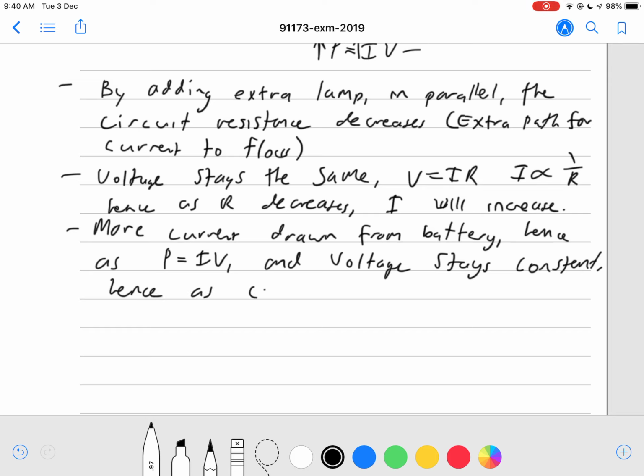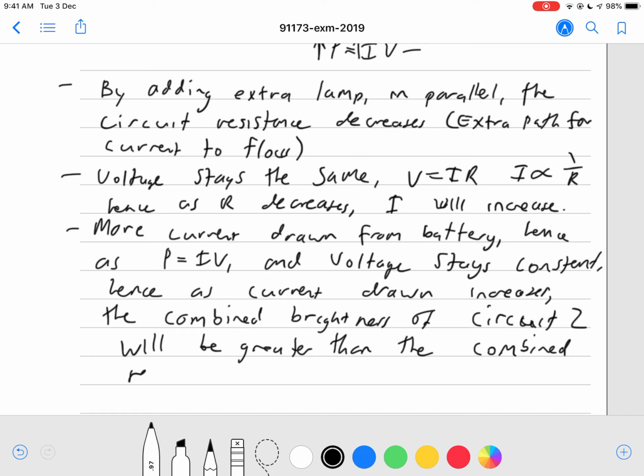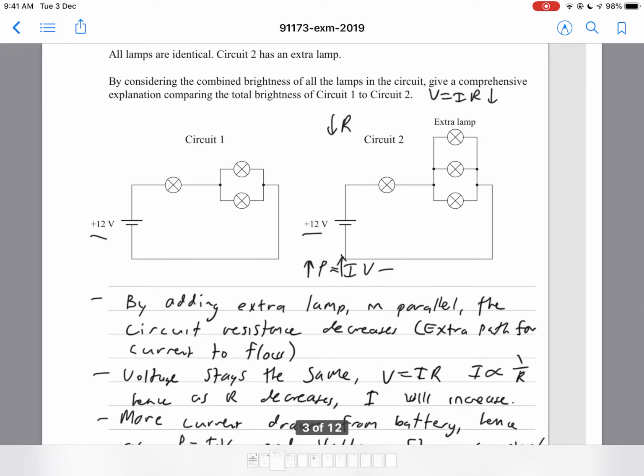Hence as current drawn increases, the combined power output, and so brightness, will be greater than the combined brightness of circuit 1. So that's pretty brief.